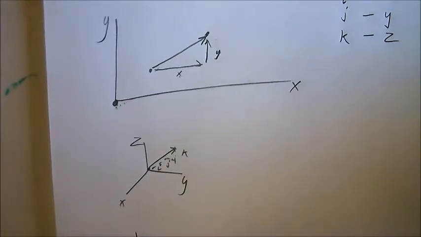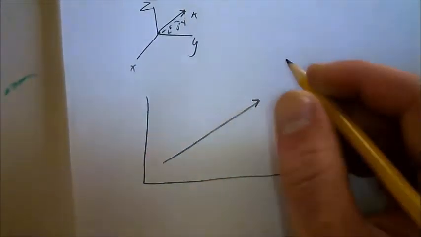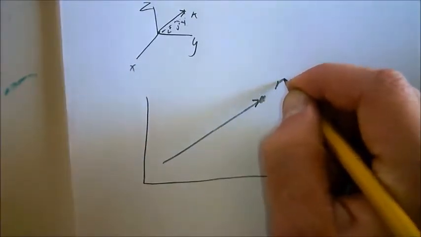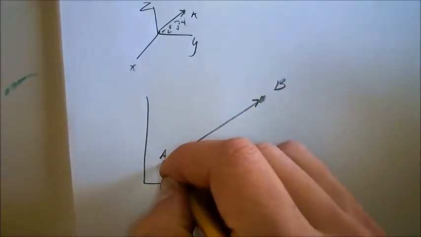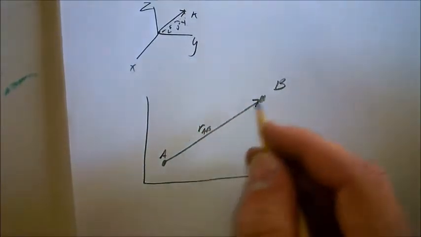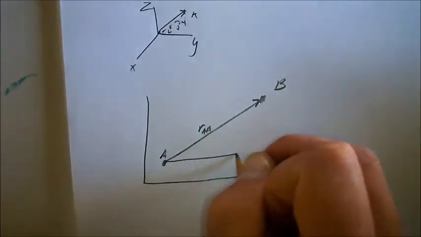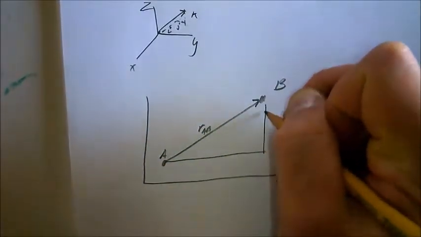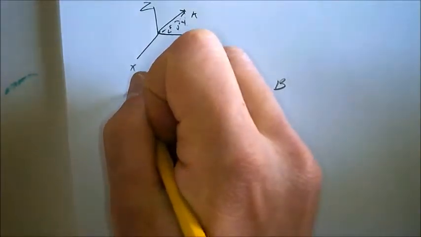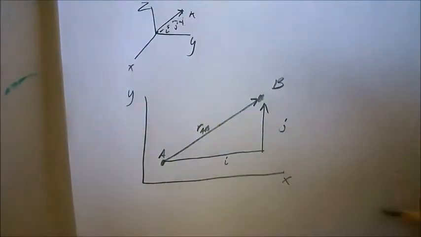If you look at this vector right here, I'll draw a new one, make it a little bigger here so it'll be easier. We'll have point B up here and point A down here, and we'll call this vector RAB. So the vector from A to B, we'll call it small r. It's got an i component and a j component. So this is y and x, which means this is going to be an i and a j.